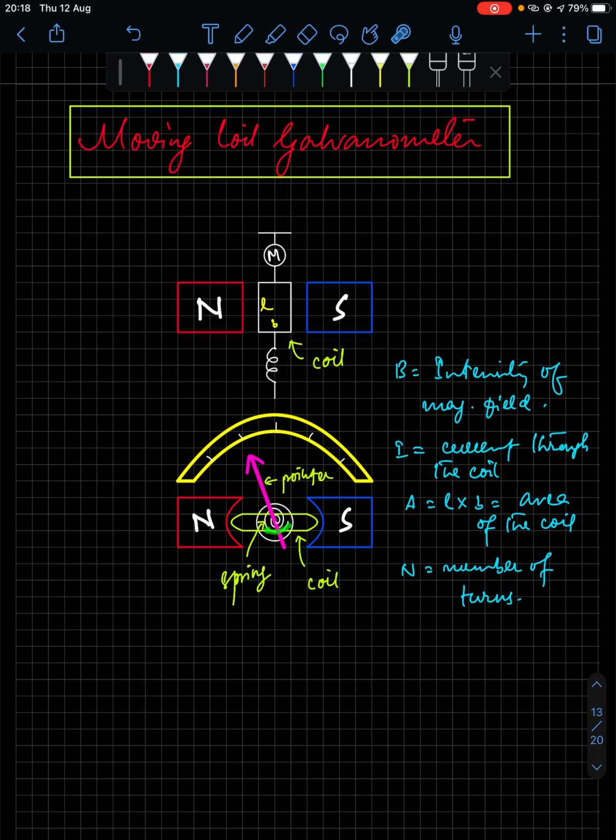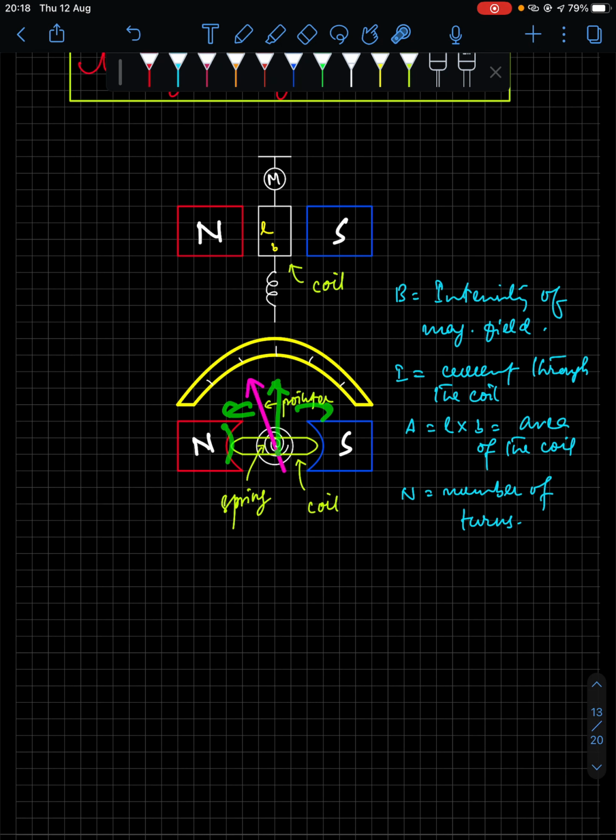Now a spring is attached to this. This spring is shown in this manner here, a spiral thing. The spring will ensure that the galvanometer pointer restores to the normal position. A normal galvanometer will go either right or left when current passes through it. Now these are the two magnets.